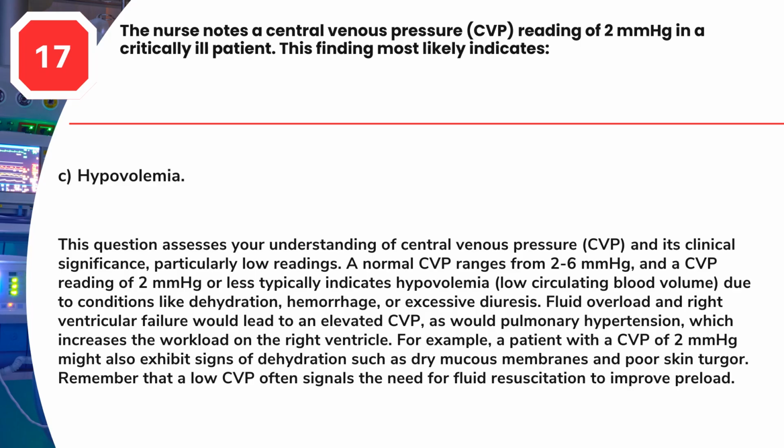Fluid overload and right ventricular failure would lead to an elevated CVP, as would pulmonary hypertension, which increases the workload on the right ventricle. For example, a patient with a CVP of 2 mmHg might also exhibit signs of dehydration such as dry mucous membranes and poor skin turgor.